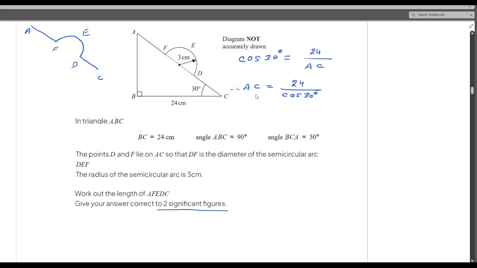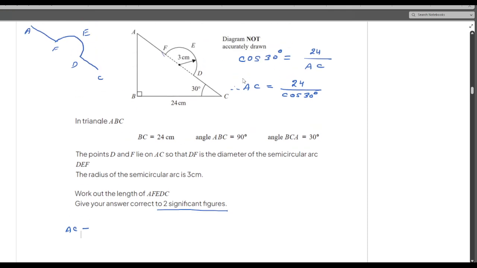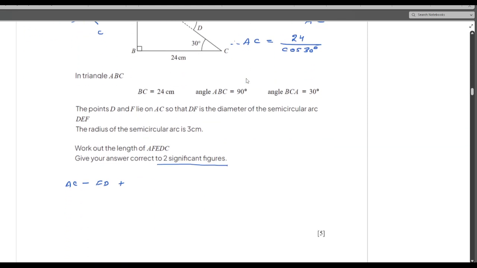Then my required answer will be, I have to subtract this FD from this whole length, and then I have to add this semicircular length. So my whole length will be this AC minus this length FD plus the length DEF.